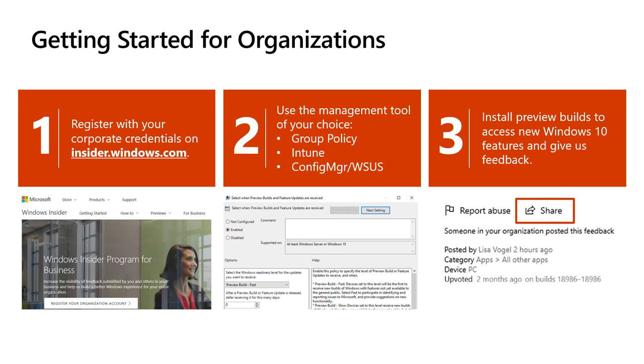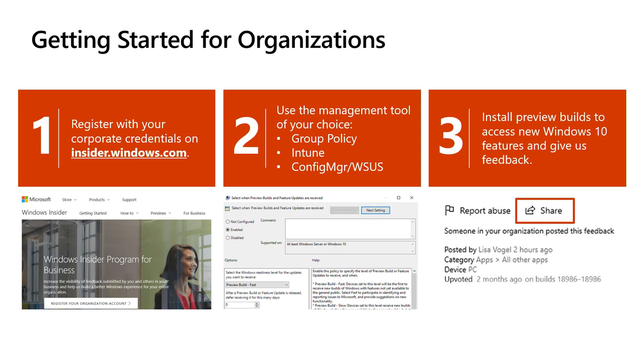Step 2, open up your management tool. How many of you here use Configuration Manager? Pretty much everybody. How many here use Windows Update for Business? Nice, thank you. Anyone use Windows Server Update Service directly? Nice.